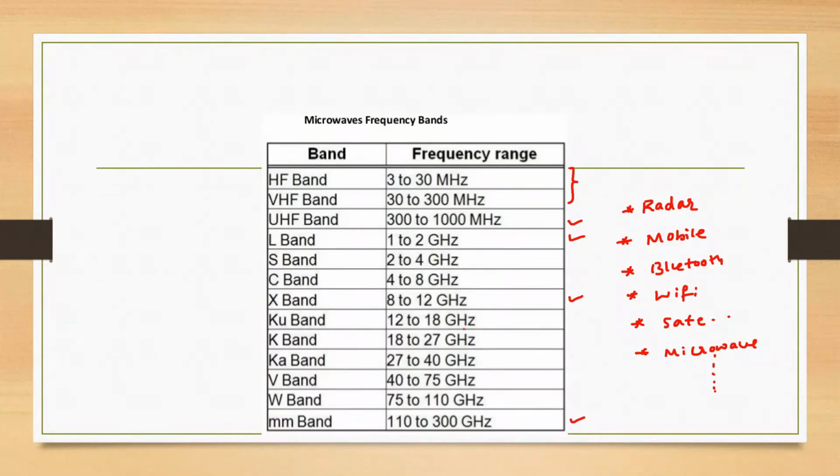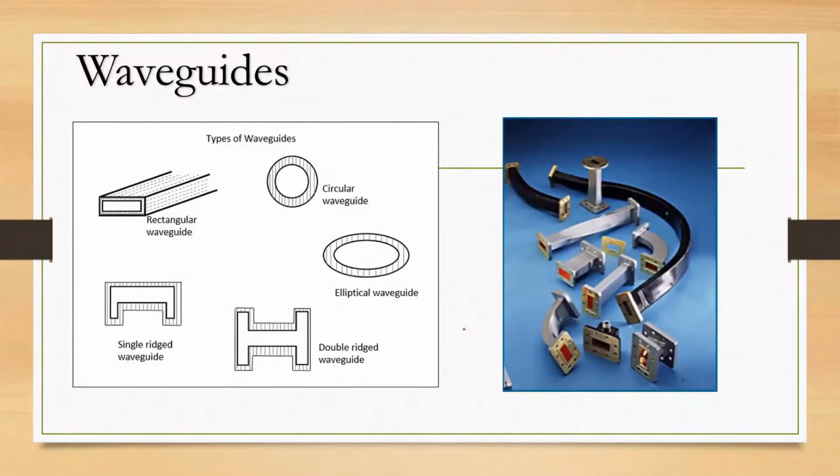Now let us see another important concept, which is waveguides. So what is a waveguide? A waveguide is a kind of transmission line. So what are transmission lines? Transmission lines are conductors which carry information or power from one end to another.